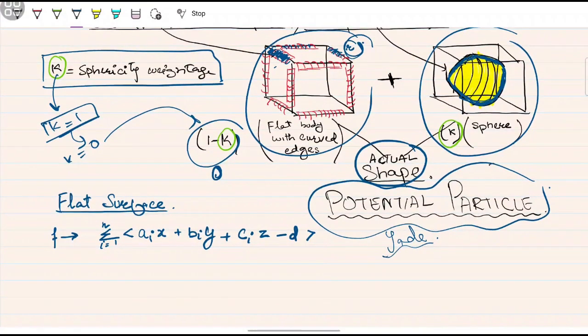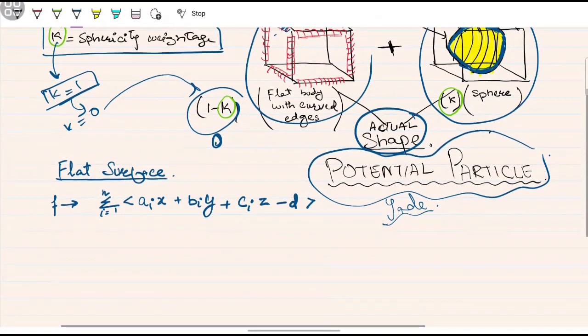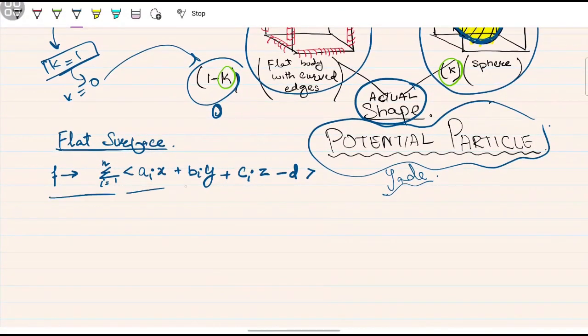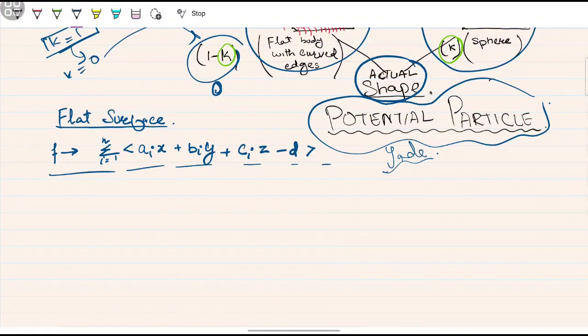I have said that we use flat surfaces so that the computation cost is very low, and the storage of the body is also very low, and it's easy to comprehend. We have already talked about flat surfaces. Let's get this video started now.